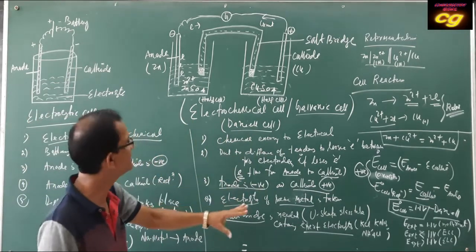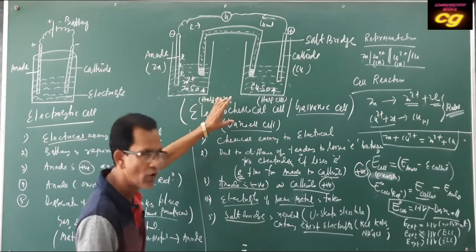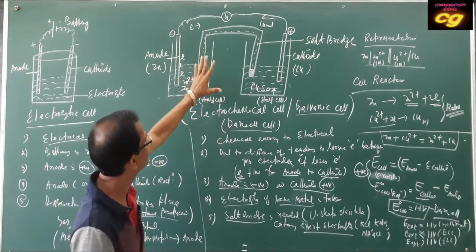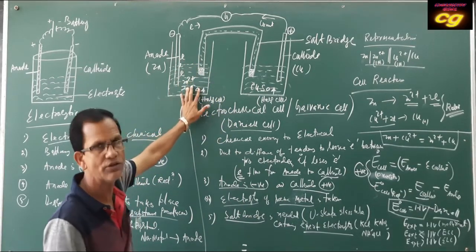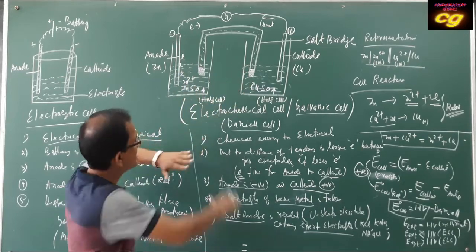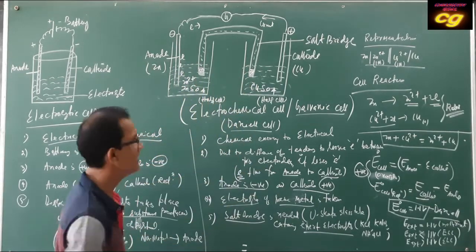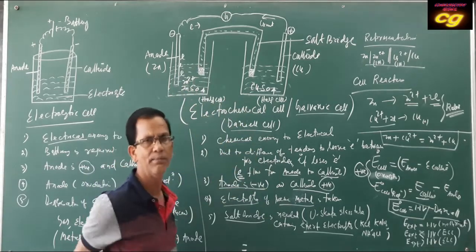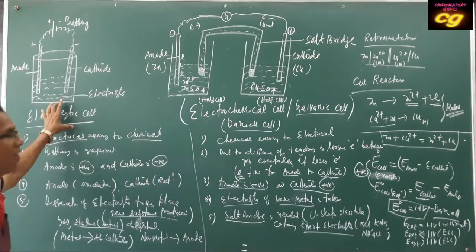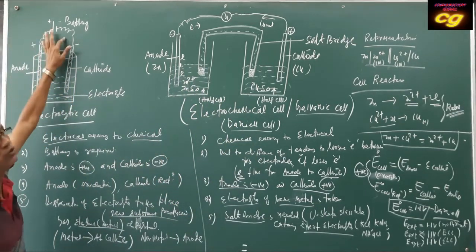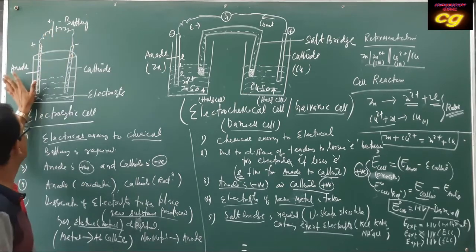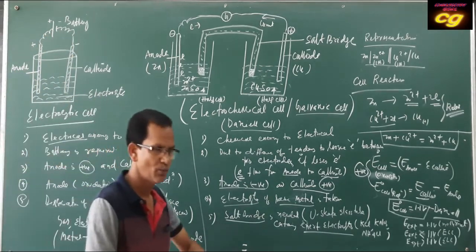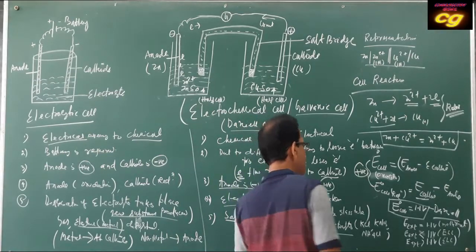The main difference is that the electrochemical cell converts chemical energy to electrical energy. The cell itself acts as a battery. But in the electrolytic cell, we have to use a battery. Without a battery, there will be no spontaneity.